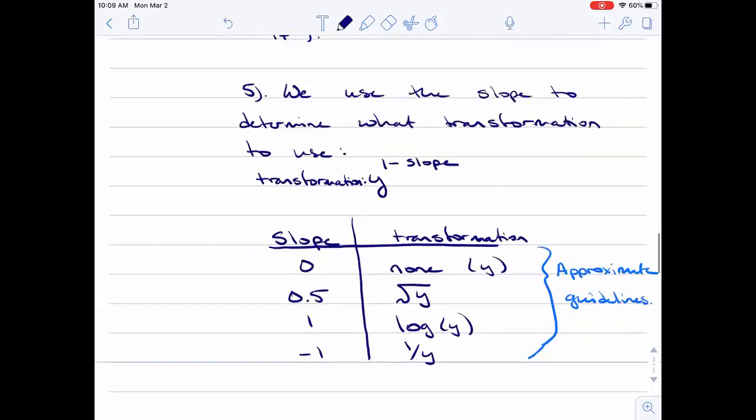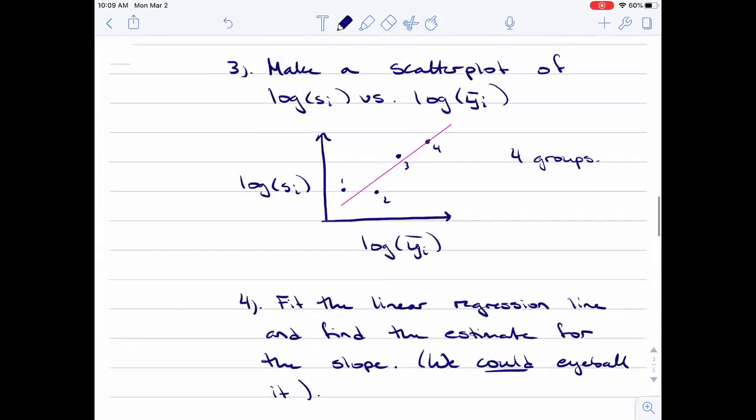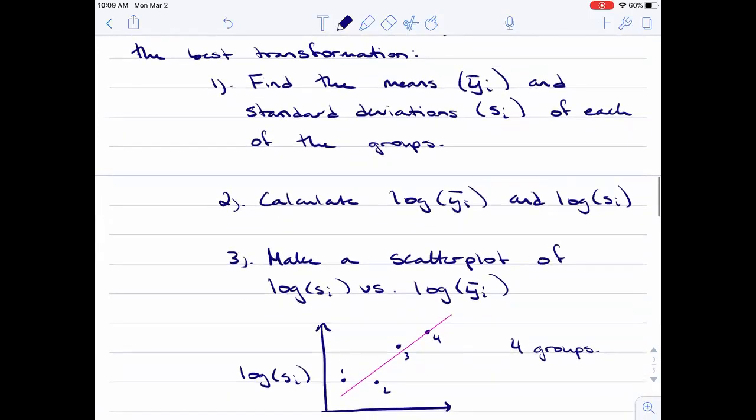So there's one little pickle, because in the second part here, we calculated the log of the yi bars, usually the SIs, but remember we can't take the log of 0, right? Just as a math rule, we can't take the log of 0, or a negative number.